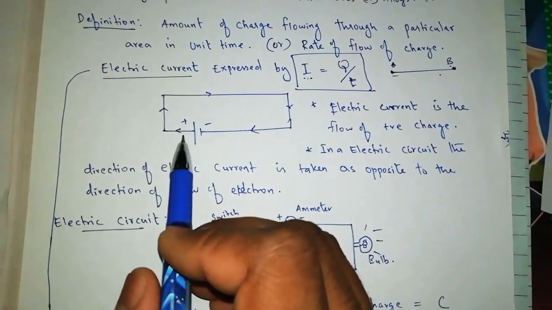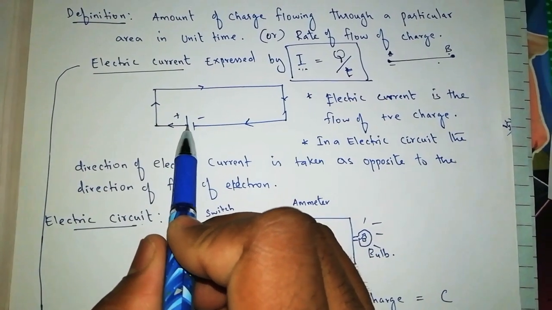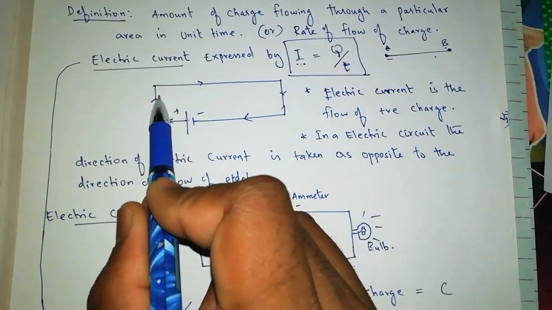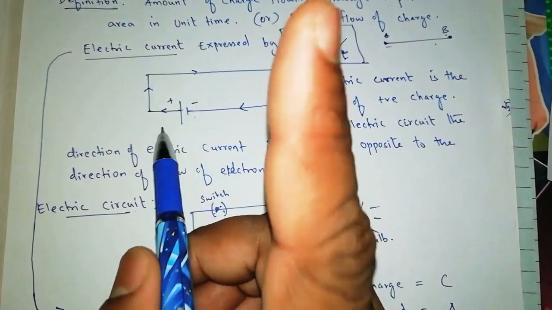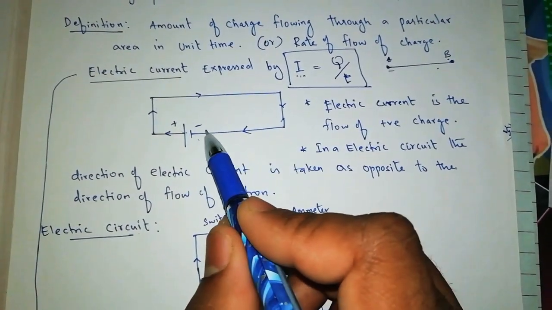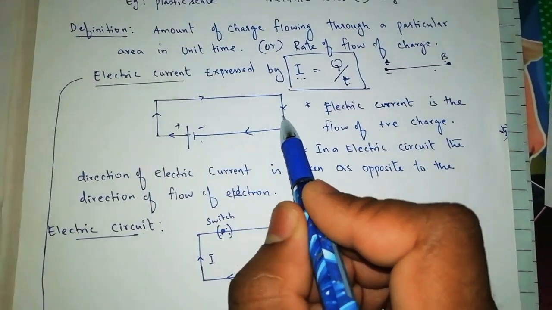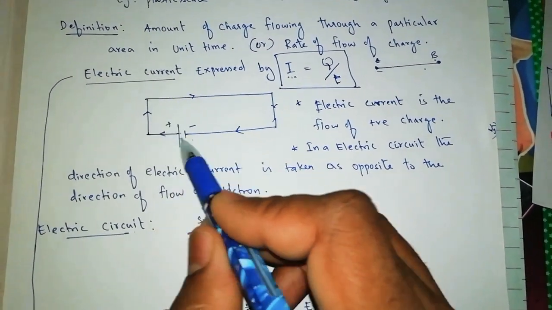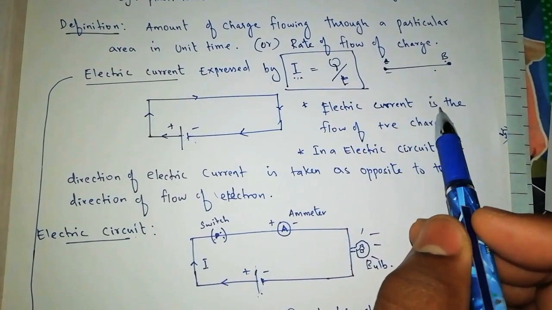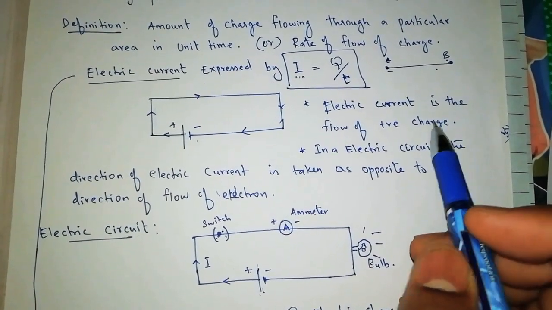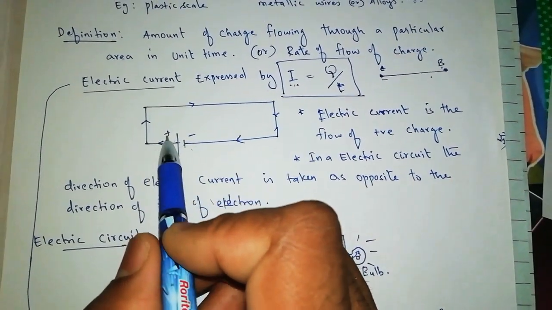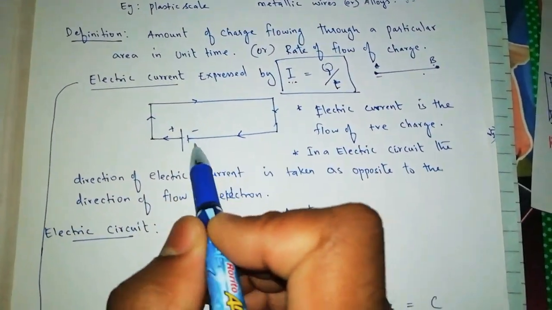Okay, and always keep it in your mind, electric current flows from positive to negative. And also in an electric circuit, the movement of electrons will always be reverse. That means from negative to positive only they go. I repeat once again, electric current always flows from positive to negative.